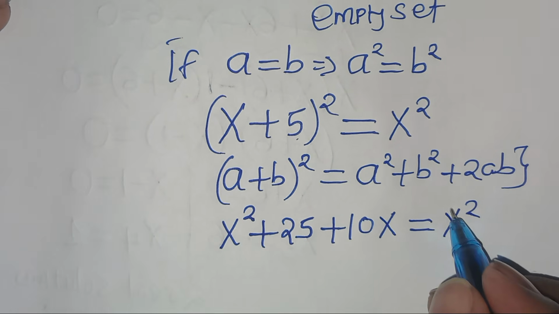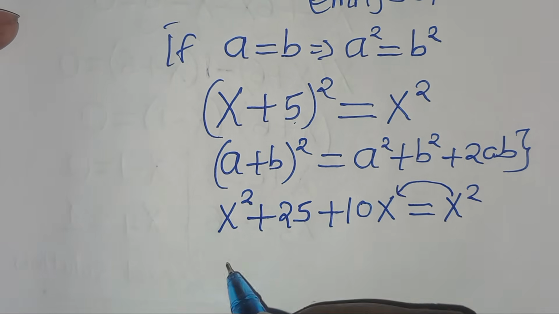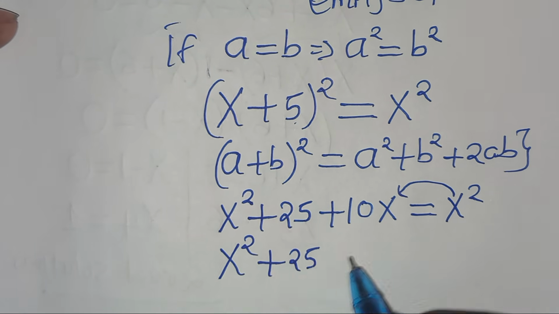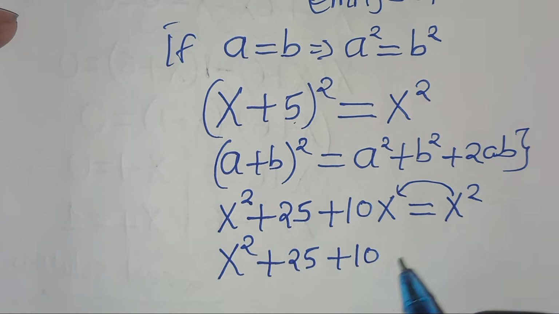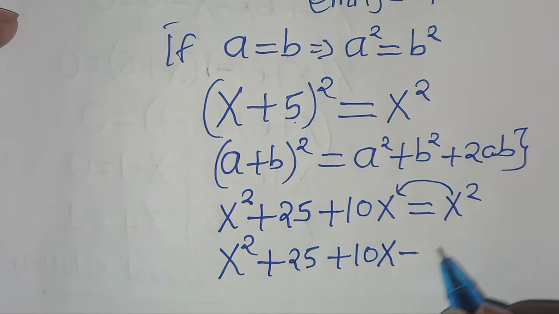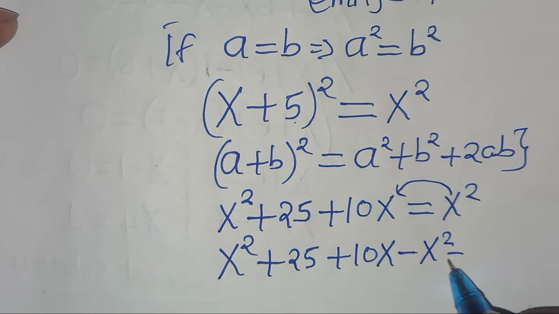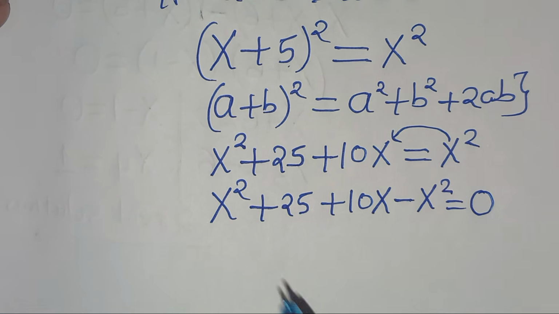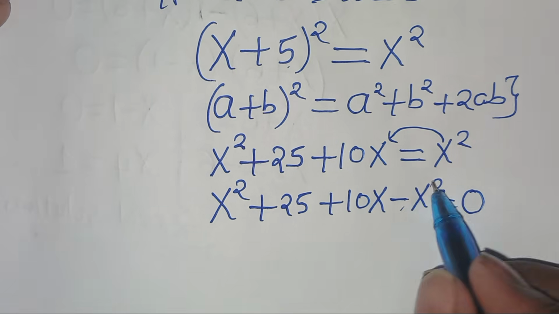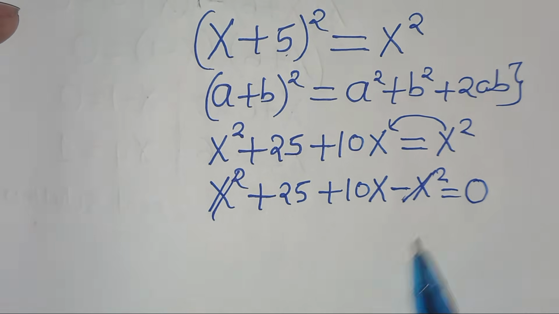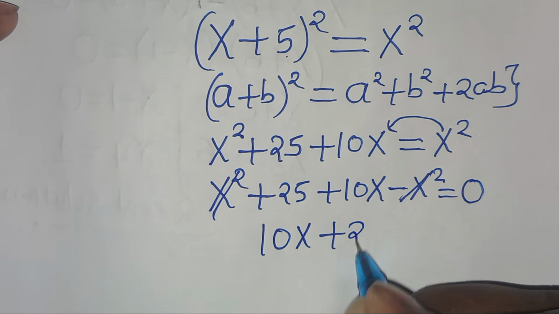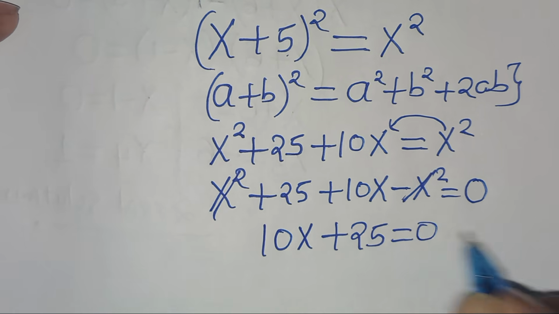Now let's take x to the power of 2 on the left hand side. So we have x to the power of 2 plus 25 plus 10x, then minus x to the power of 2, equal to 0. Now x squared minus x squared simplifies so that we have 10x plus 25 equal to 0.